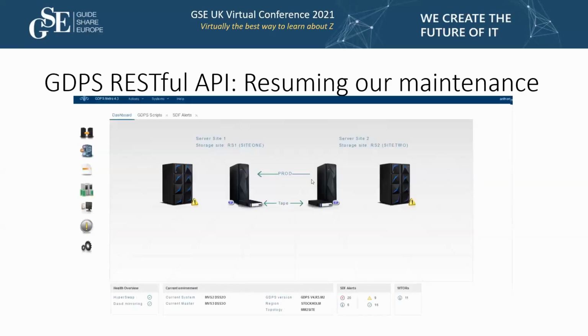If we go back to our dashboard, we now see that our pairs are now duplex because the arrow is green. The replication is still from site 1 to site 2. So if we want to fully complete our scenario, we would do a HyperSwap back to site 1 and resynchronize our pairs again, very similar to what we did.